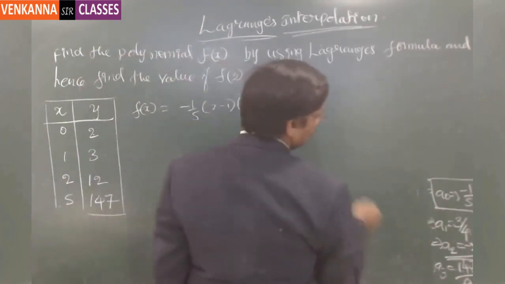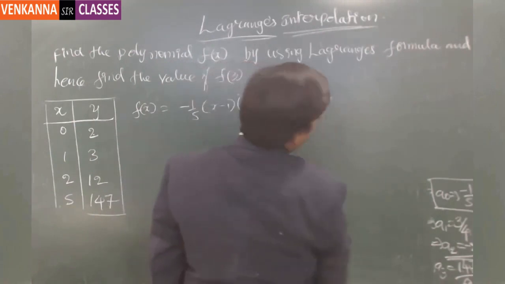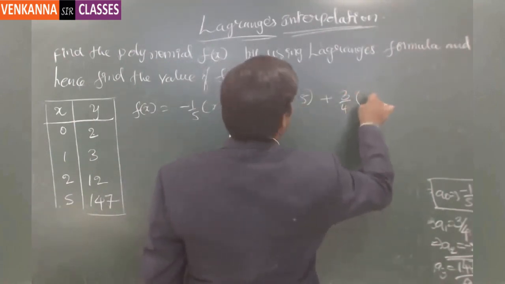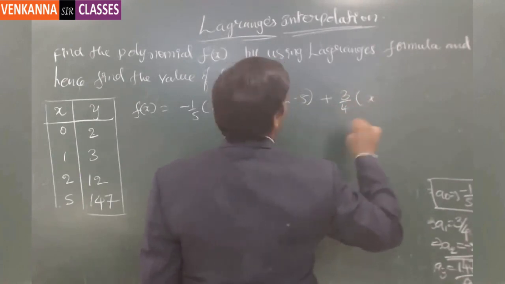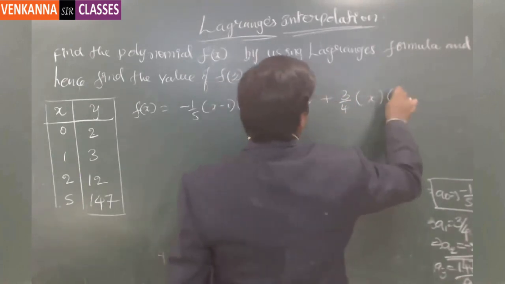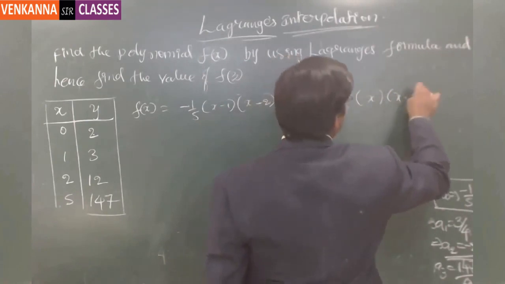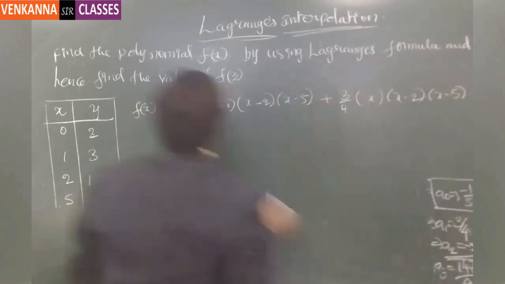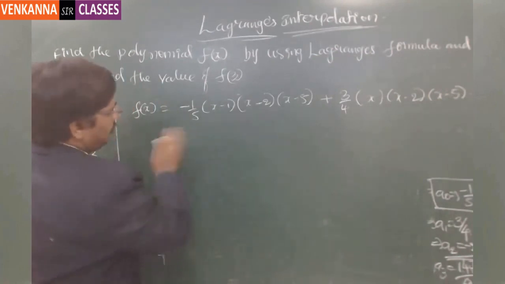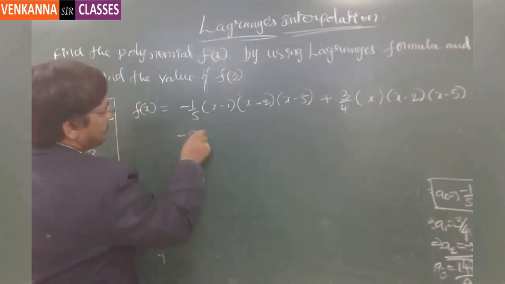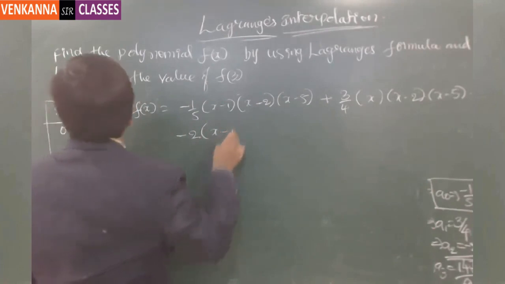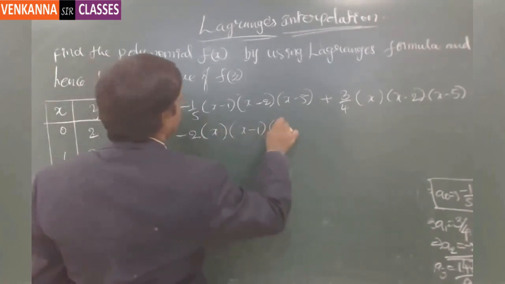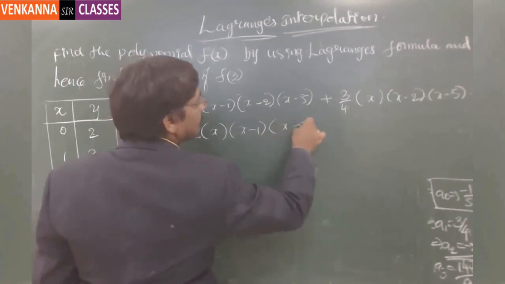Then the next coefficient a1 is plus 3 by 4 getting multiplied by x minus 0 into x minus 2 into x minus 5, plus minus 2 getting multiplied by x minus 0 into x minus 1 into x minus 5.